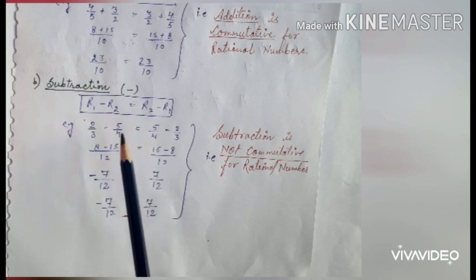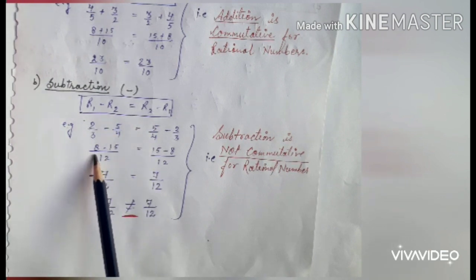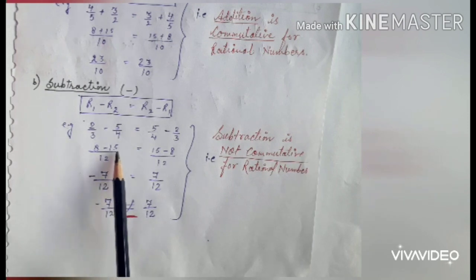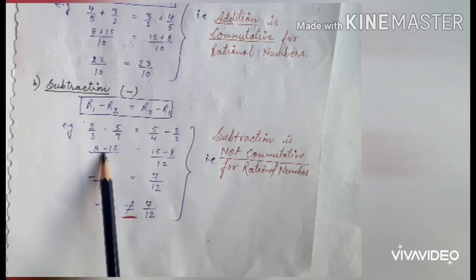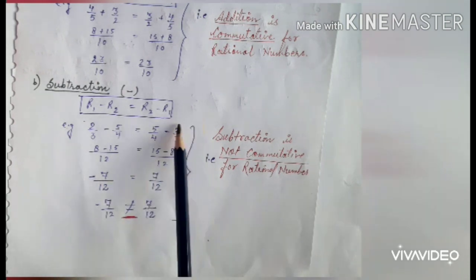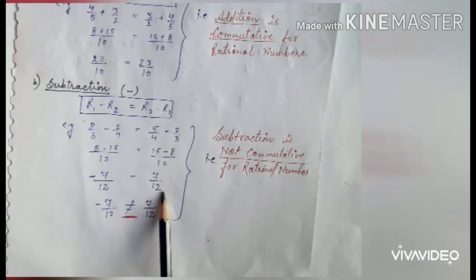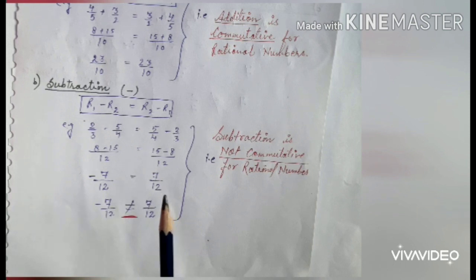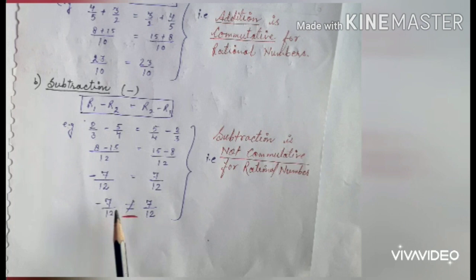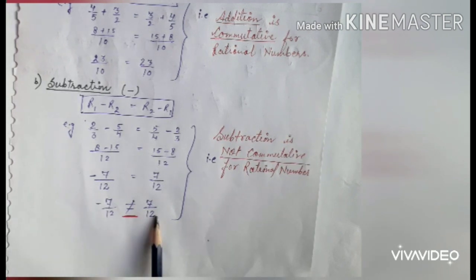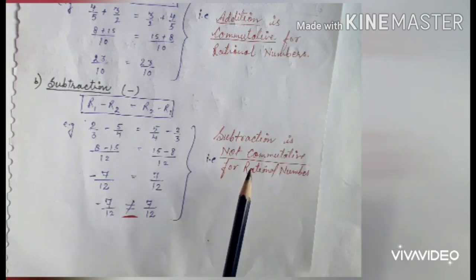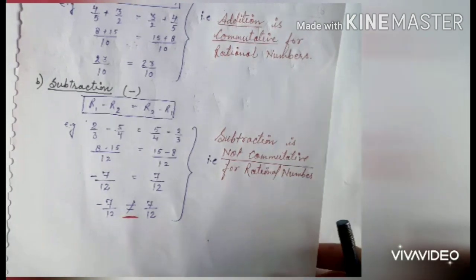When we solve this we get 8 minus 15 after taking the LCM, and because the greater number has the negative sign, it is minus 7 upon 12. Similarly, when we calculate the other order, we get 7 upon 12. Is minus 7 upon 12 equal to 7 upon 12? No, minus 7 upon 12 is not equal to 7 upon 12. So we can say that subtraction is not commutative for rational numbers.